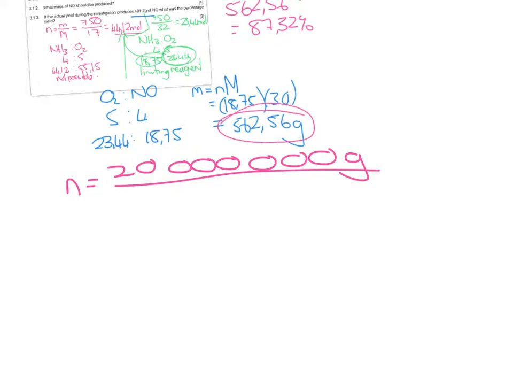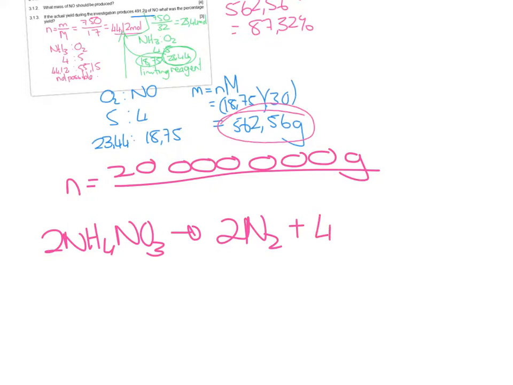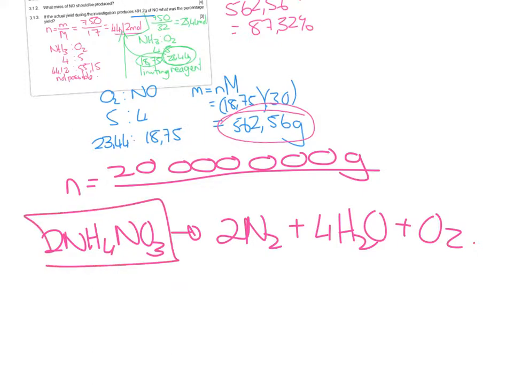We first had to balance the equation, so it was 2 NH4NO2 gives me 2 N2 plus 4 H2O plus O2. And then the molar mass of ammonium nitrate is 80. So my number of moles turns out to be 250,000 moles.